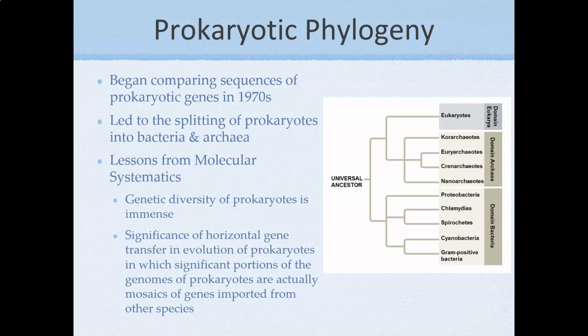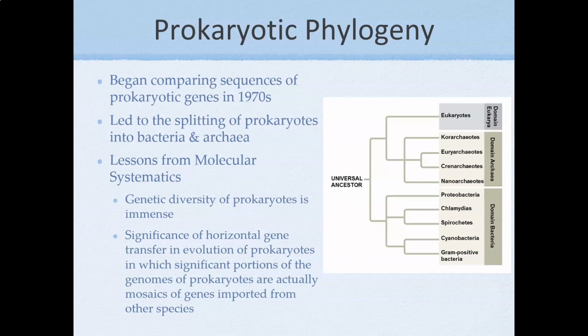What first came about from that sequencing in the 70s, though, was that we needed to split those prokaryotes into two distinct domains. Before all of the sequencing, and really even into the 90s and early 2000s, there was a lot of question of needing to recognize the fact that we had thrown all of these prokaryotes into one kingdom. Yet the more we dug into their sequencing and the more genetics we studied and understood, the more we realized that there were two distinct evolutionary tracks going on here.